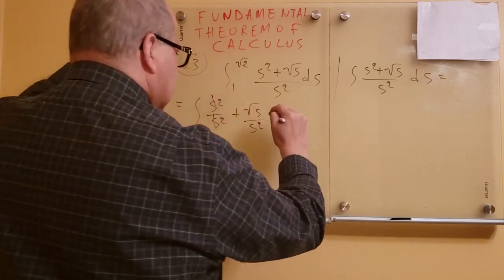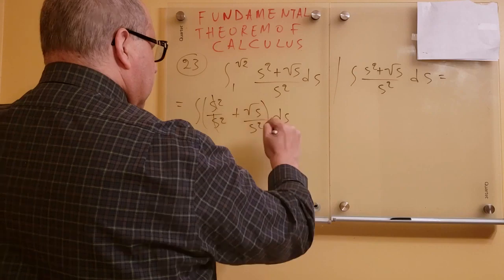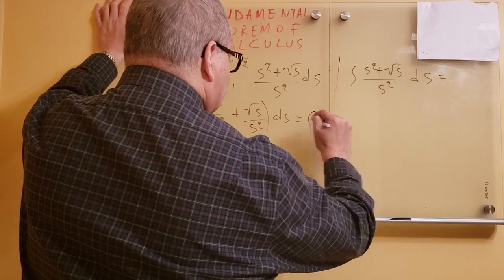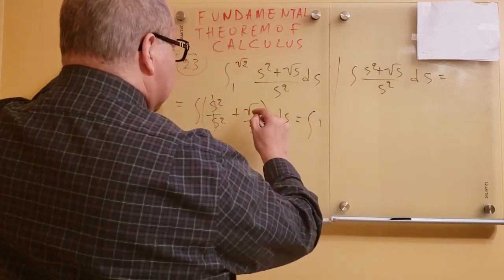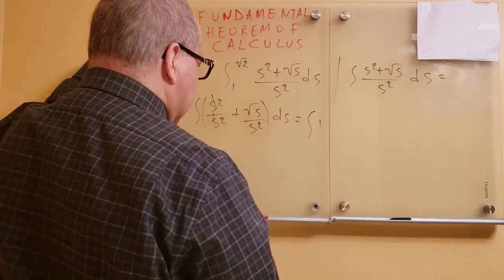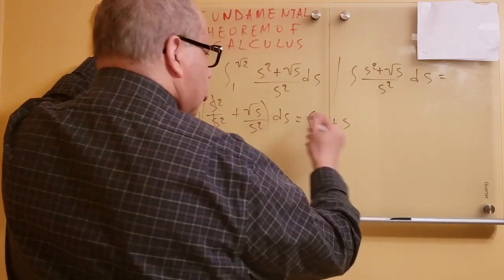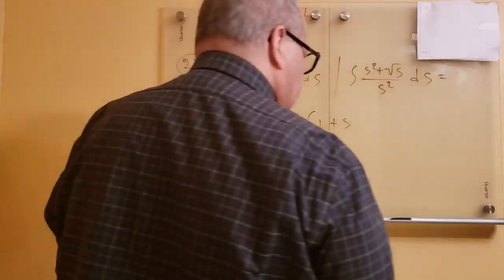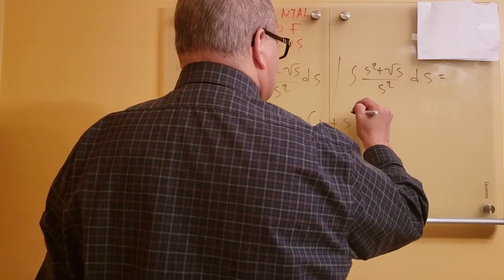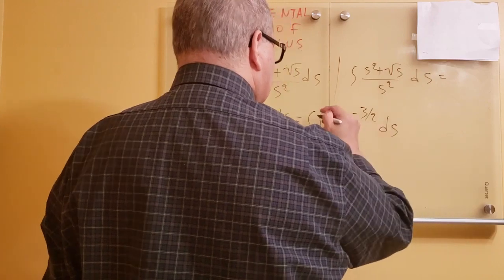So this cancels with this. Of course, it's always the integral with respect to s. And now this here gives us 1 plus square root of s over s squared. So that's actually plus s to the 1/2 minus 2, so that's actually minus 3/2. So ds.